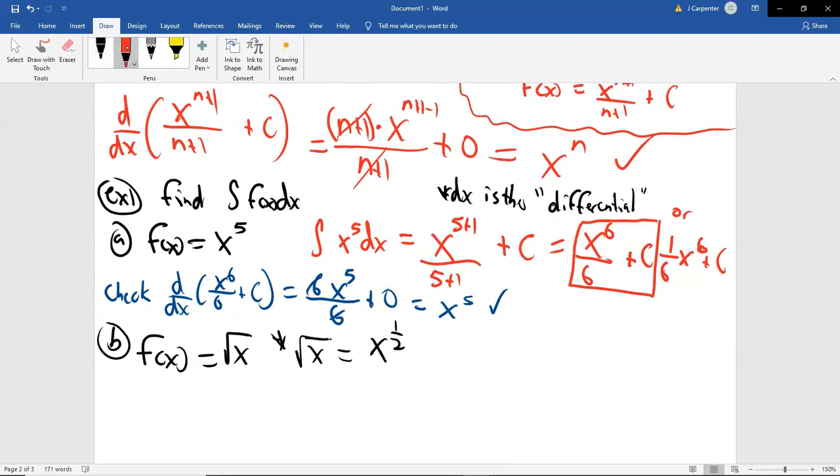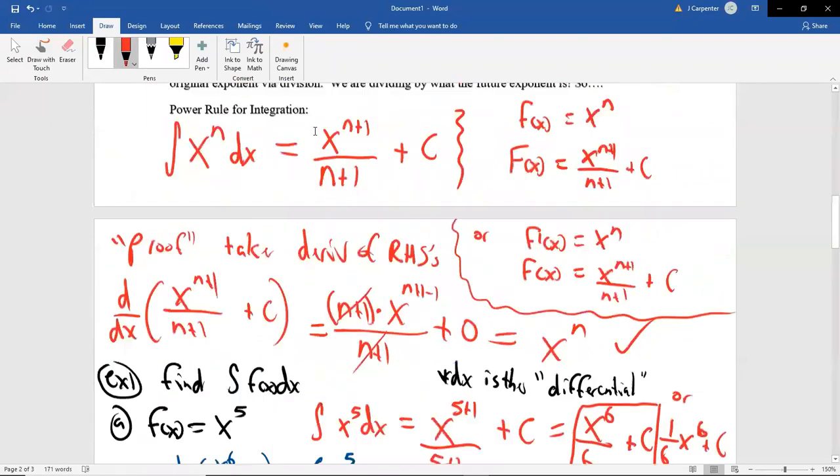So the integral of the square root of x dx is equal to the integral of x to the 1/2 dx. If you don't do that, you can't move any further. So now we apply our power rule.